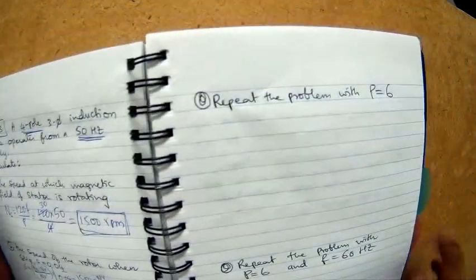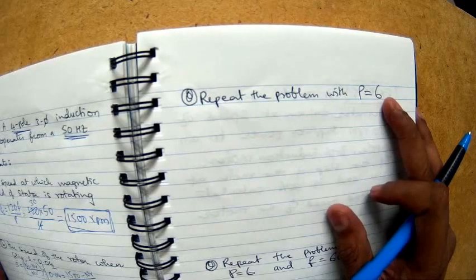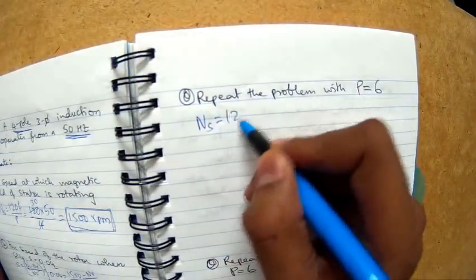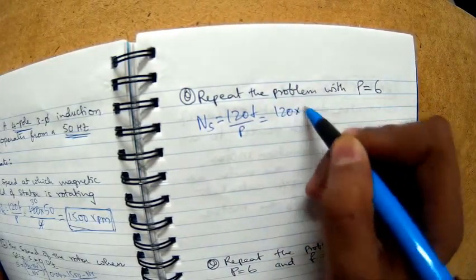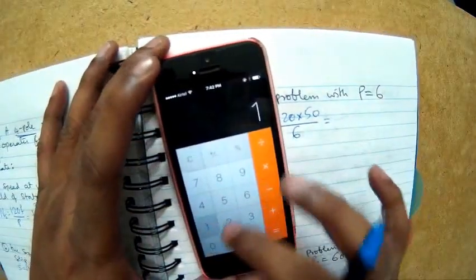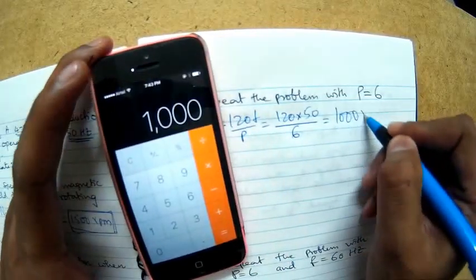Let's extend the question. Repeat the problem with poles equal to 6. So what happens if there are 6 poles? Let's quickly do it. How do you find Ns? 120 F by P. So 120 into 50 divided by 6. We get 1000 RPM.